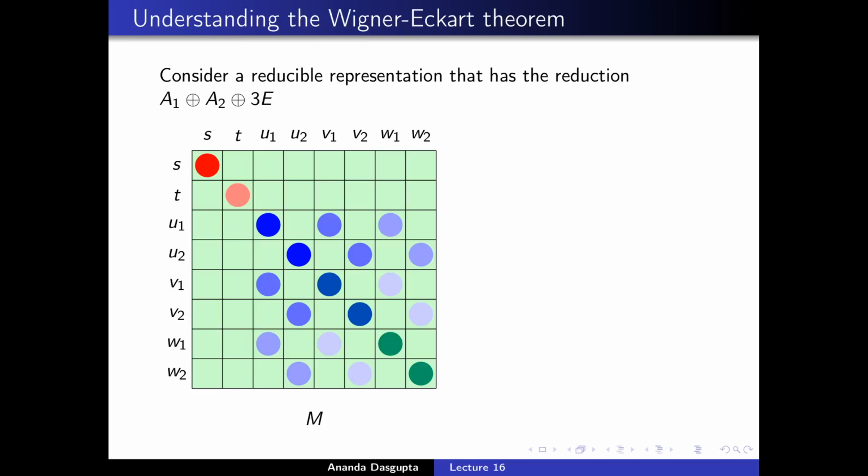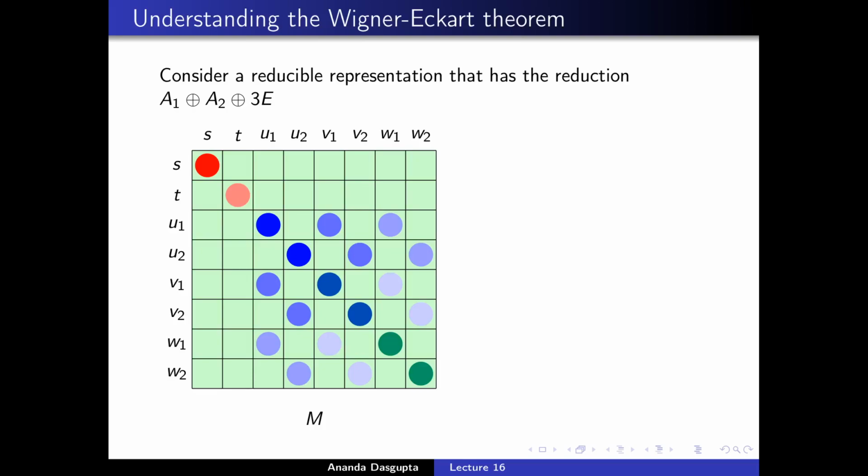If on the other hand, for some reason, <V1|M|U1> vanishes, then <V2|M|U2>, <U1|M|V1>, <U2|M|V2> would all have to vanish together. So the fact that U1, U2, V1, V2 and W1, W2 transform in exactly the same way under the action of all the group elements imposes a lot of structure on the possible non-zero elements of a matrix M, which commutes with each and every one of the group representation matrices.